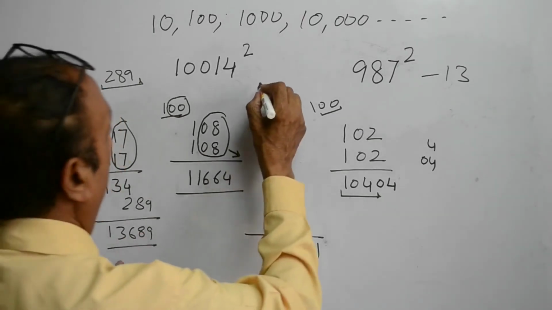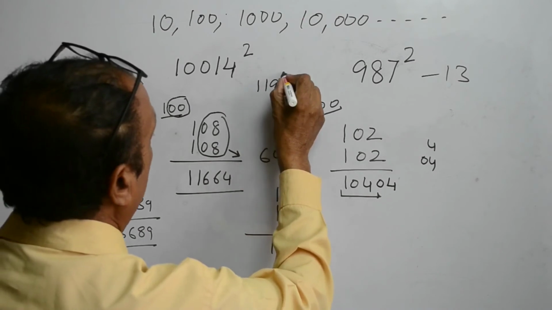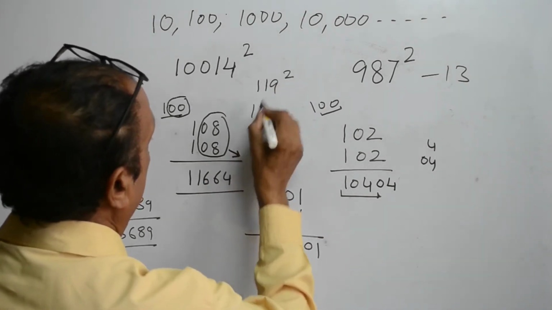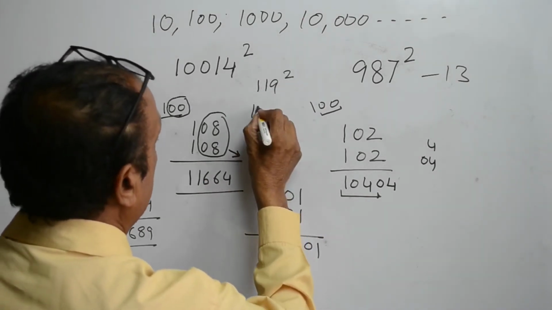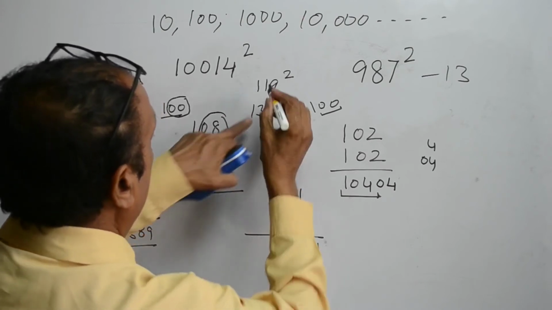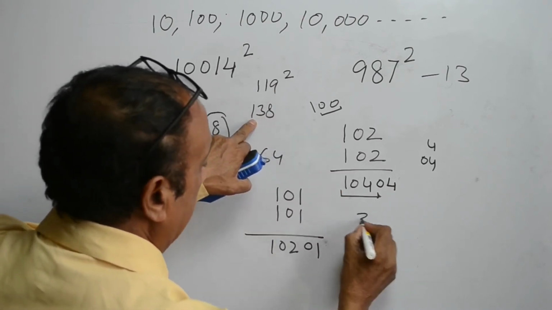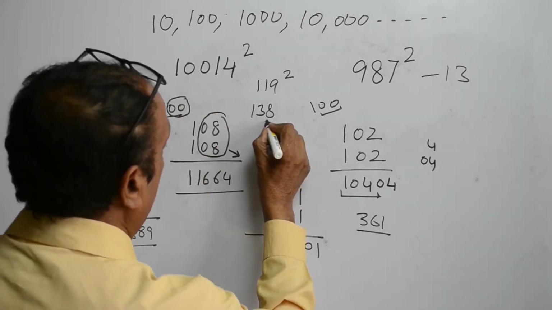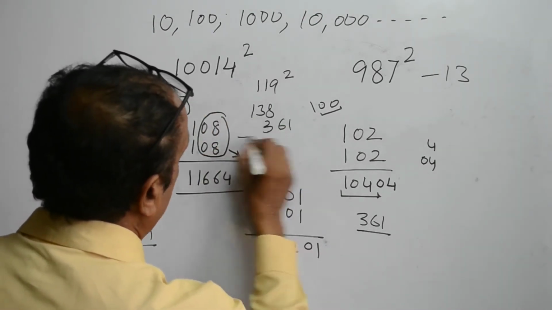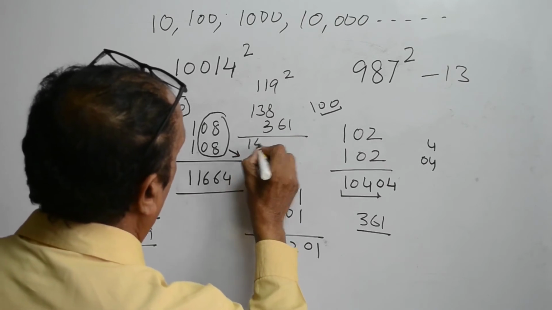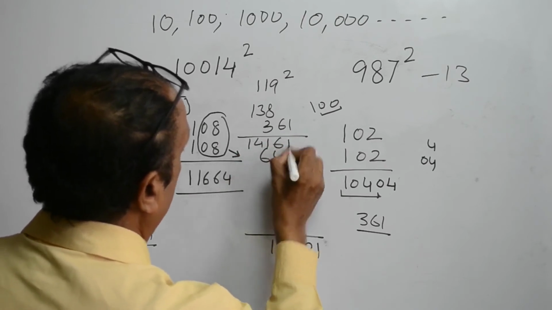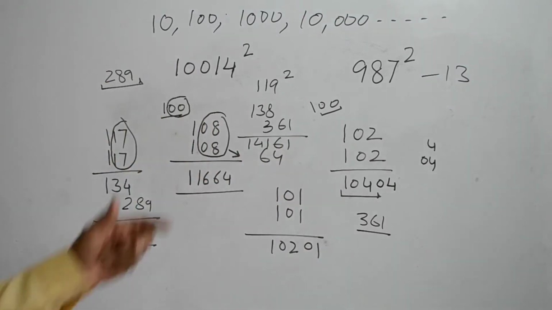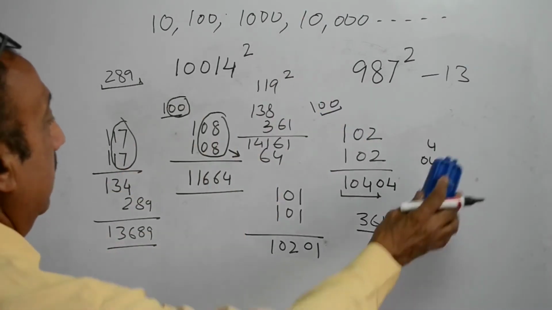So the answer of 119 whole square will be in 100 add 19, it is 138. 19 multiplied by 19 is 361. So 361 will be adjusted like this. So the answer will be 14161.